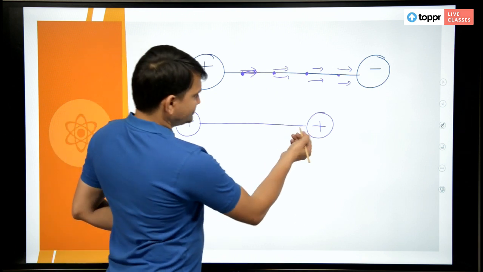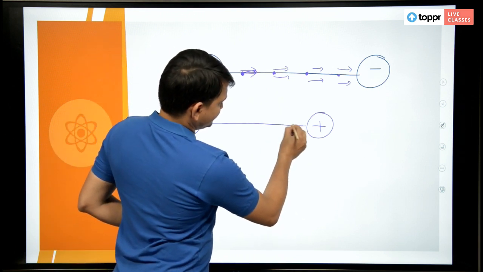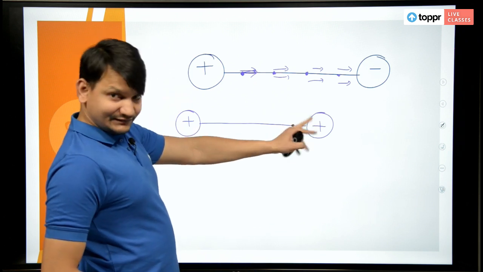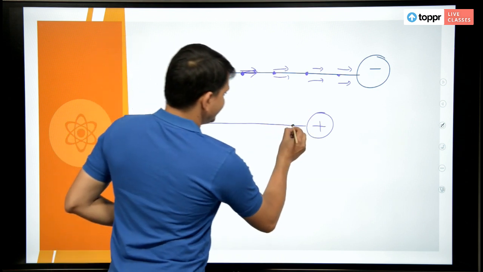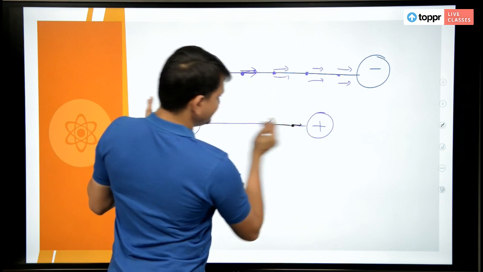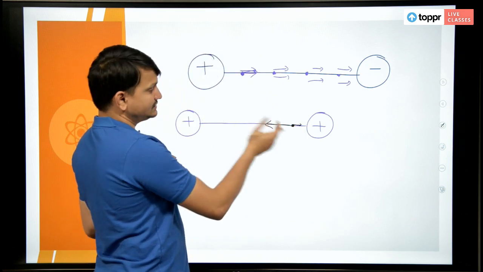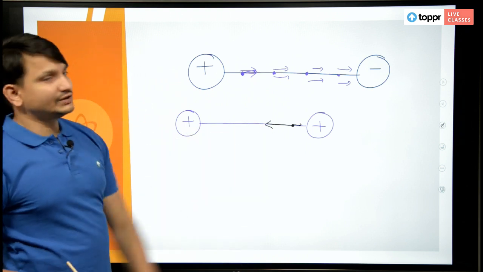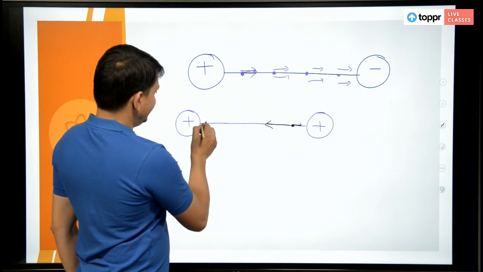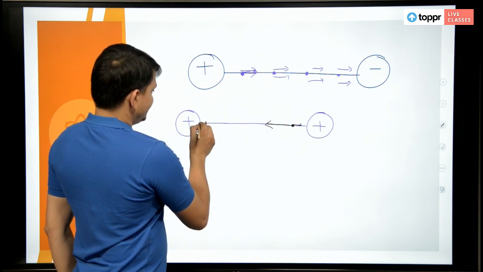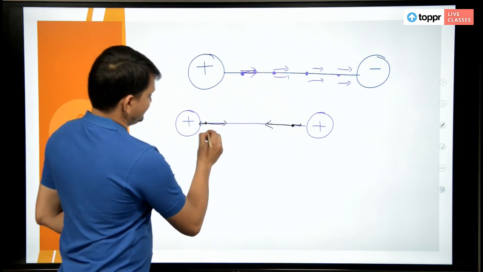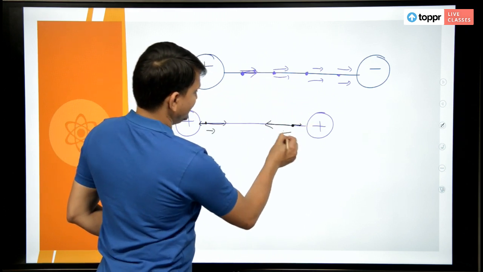So let us say it is closer to this one. The electric field by this charge would be greater, and by this one smaller, because the distance from this left charge is more, so its electric field would be less. If we consider the point to be here, the electric field by this one is smaller, by this one is greater. So the net electric field is towards that side, and for that one it is here.